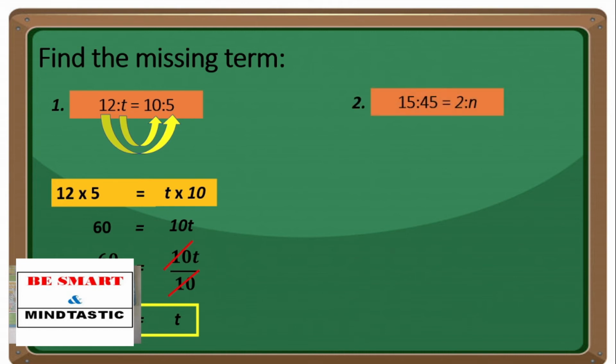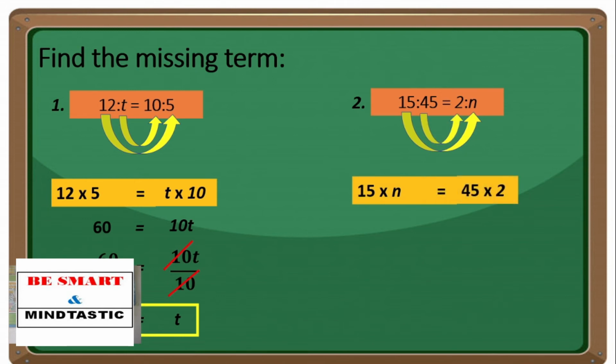15 is to 45 as 2 is to n. Okay, first step. Let's get the product of the extremes. Okay, correct. 15 times n, and the product of the means, 45 times 2. Okay, so 15 times n is equal to 15n. Very good. Is equal to 45 times 2, and that is 90.